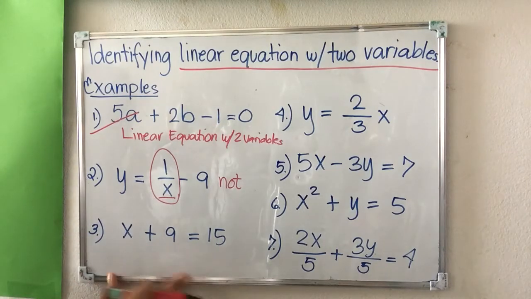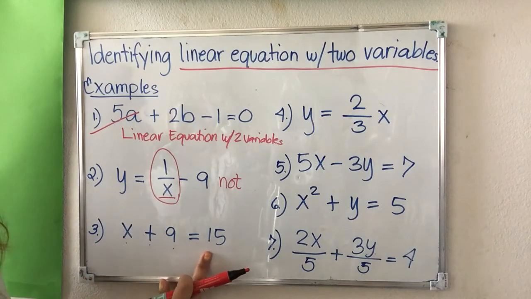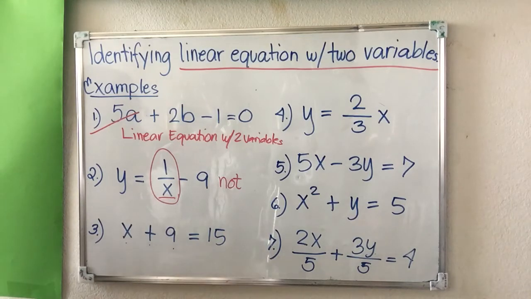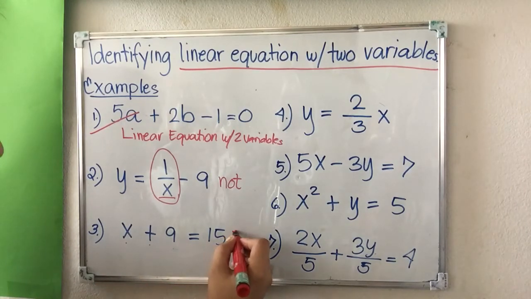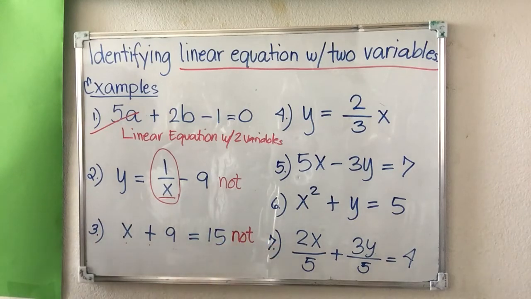Example number 3, we have x plus 9 is equal to 15. Is it linear or not? Take note, x plus 9 is equal to 15. This example is not a linear equation with two variables. Why?